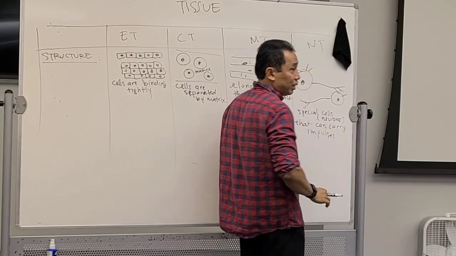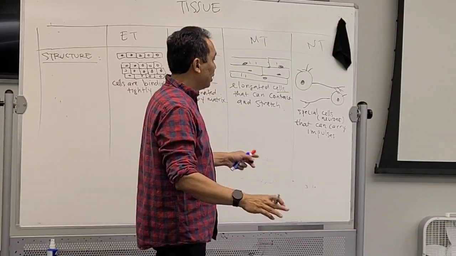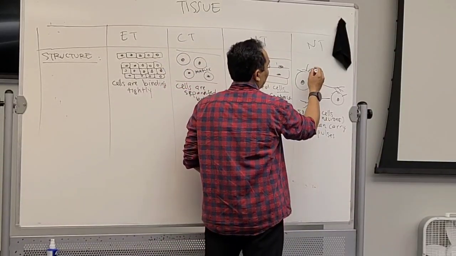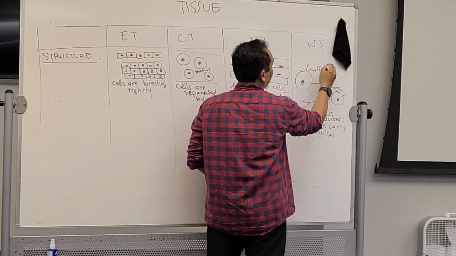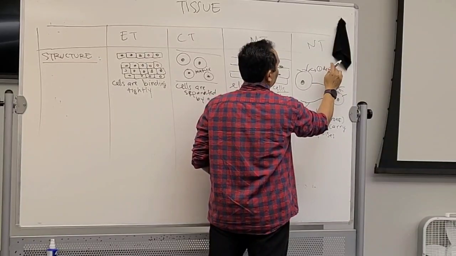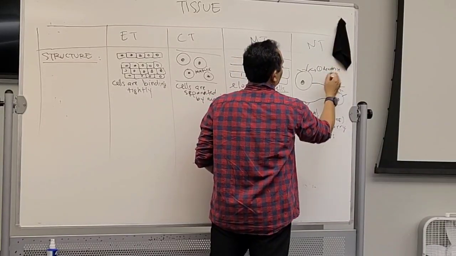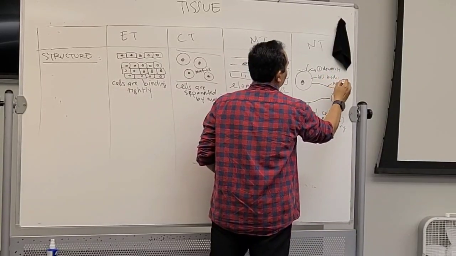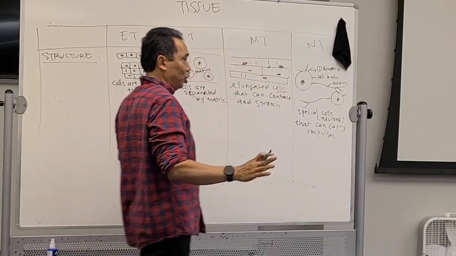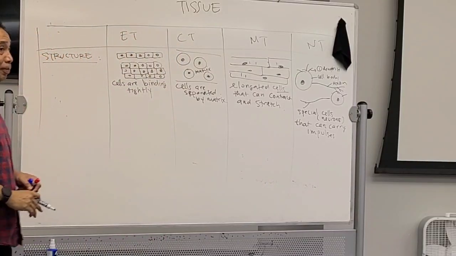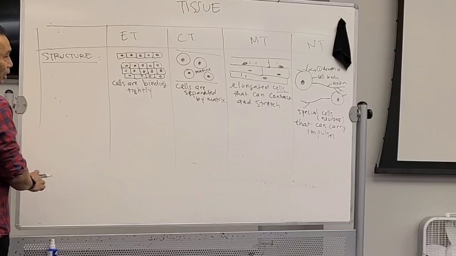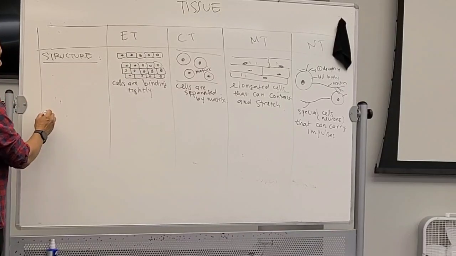Impulses can be anything: senses, information, orders, responses. The cell has three parts: dendrite, cell body, and axon. So that's the special cell for NT, consisting of cells that are able to carry impulses. That's based on structure.